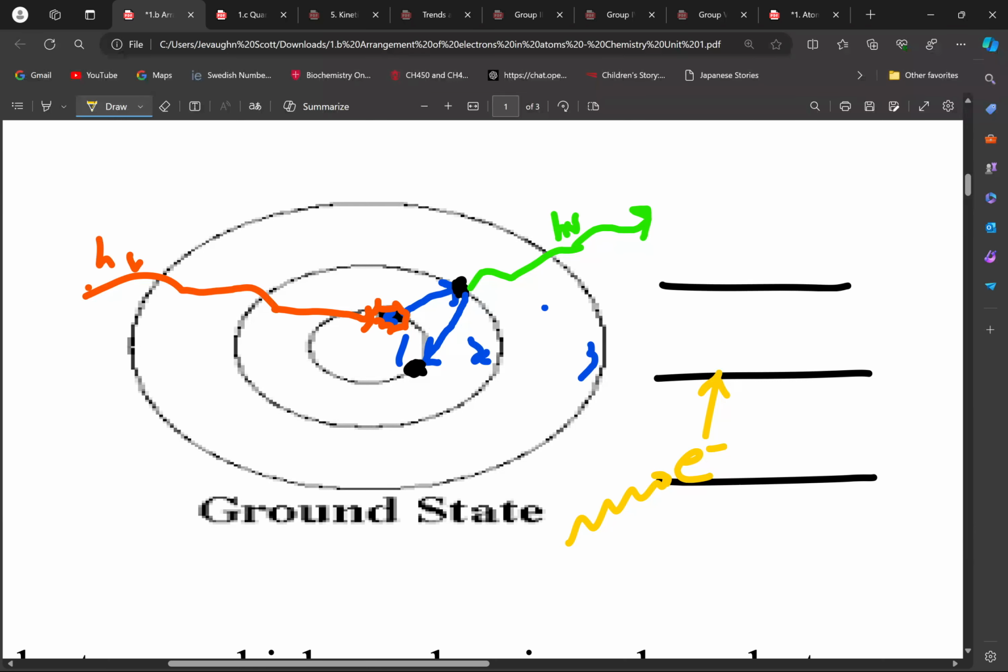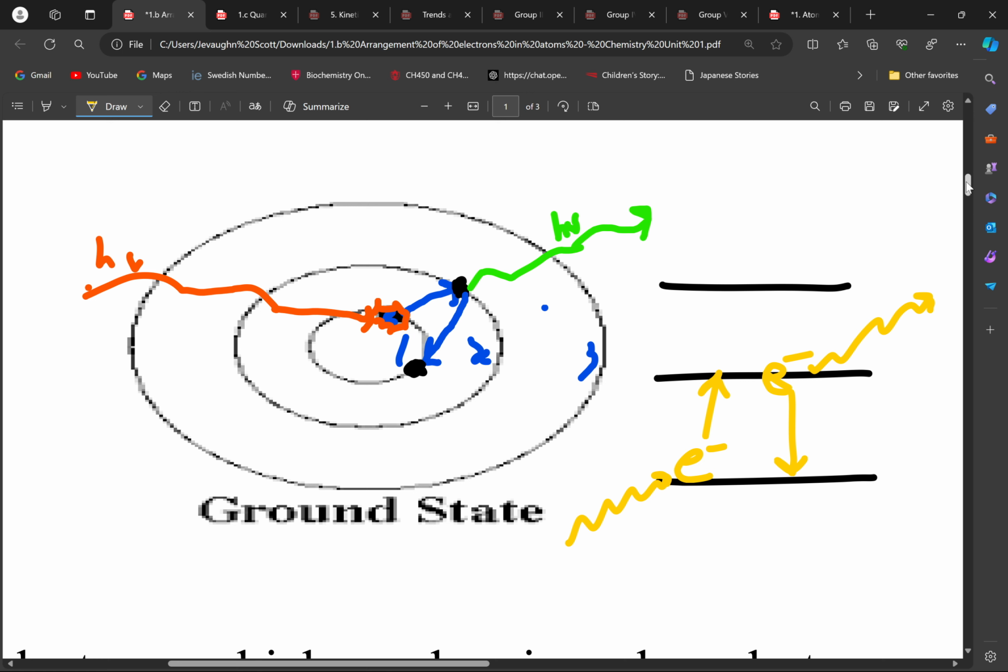That's absorption. And for that electron to return to its original energy level, it needs to emit, right? Now, this would explain what's happening within atoms.